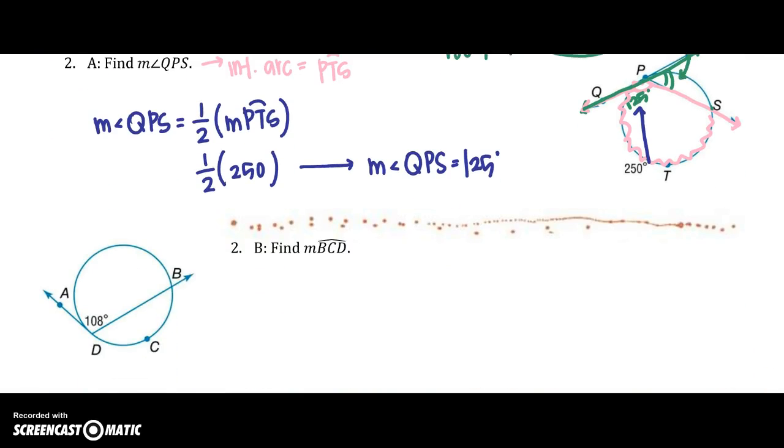Alright, next problem. I need to find the measure of arc BCD. I'm going to hit C, and then I'm going to hit D. And I see that I have a tangent and a secant. But I have this angle right here, which means I can only find off the bat this arc that's intercepted.